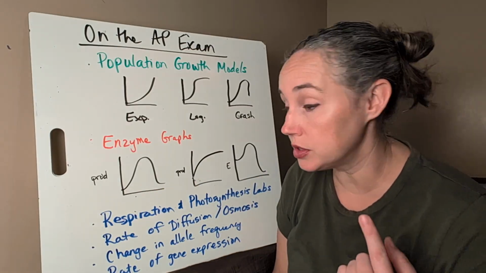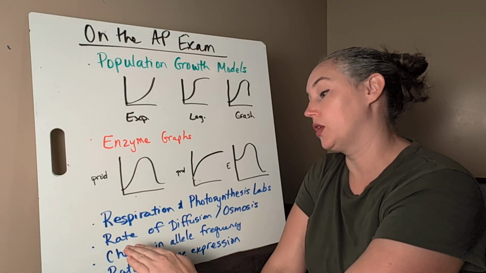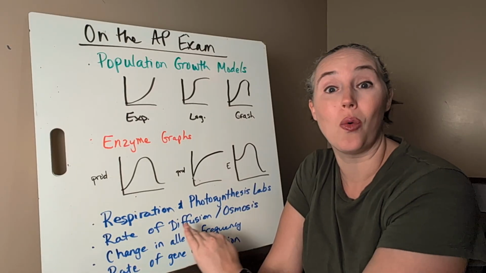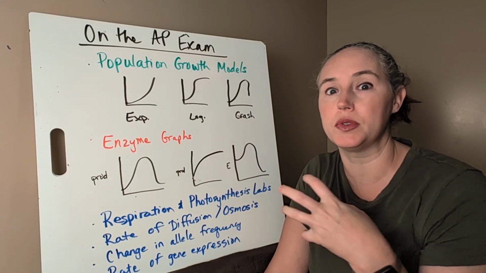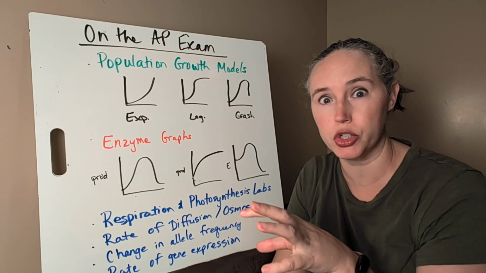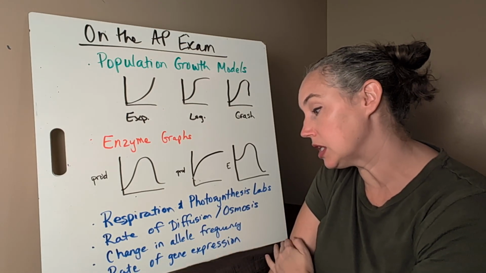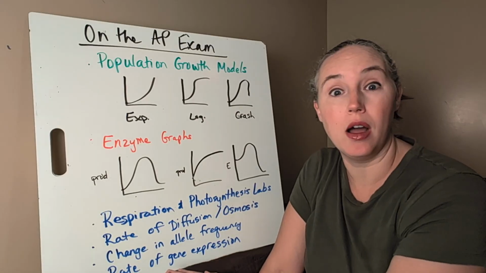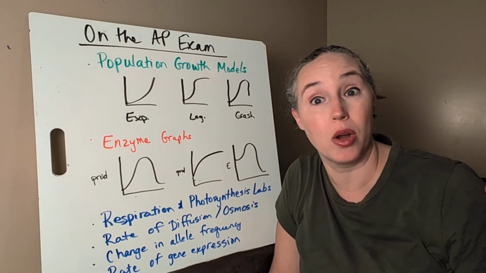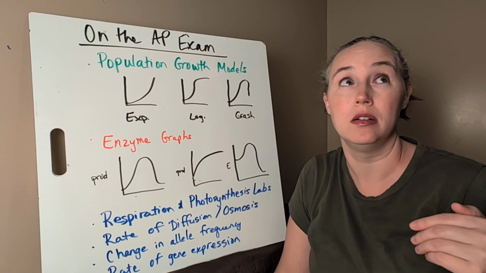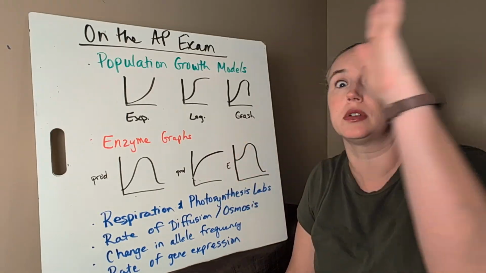Other places you may also see it include if you're comparing the rate of diffusion or osmosis based on maybe surface area to volume ratio or temperature in an area, the change in allele frequency over time, or the rate of gene expression depending on where we are in the central dogma of biology.